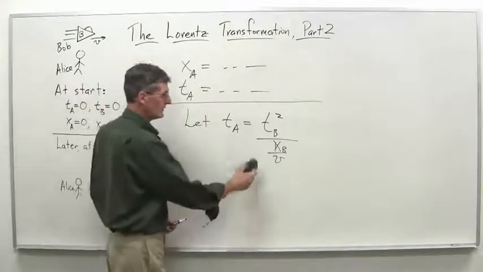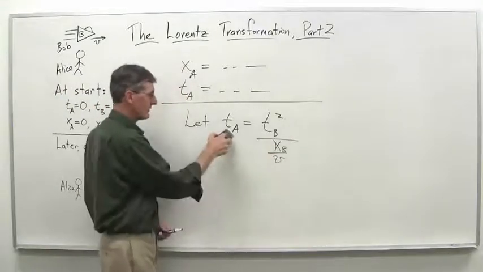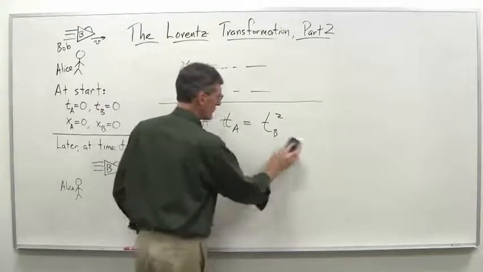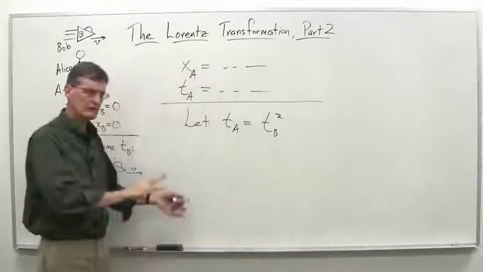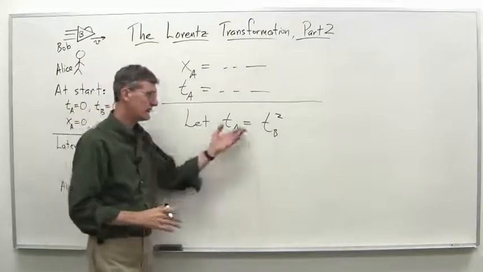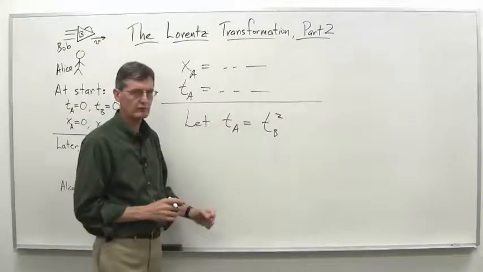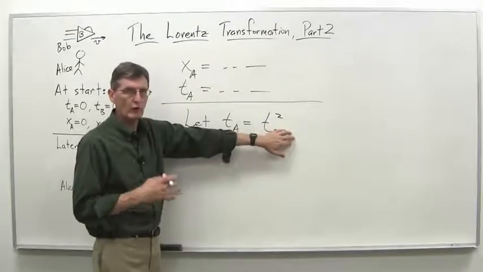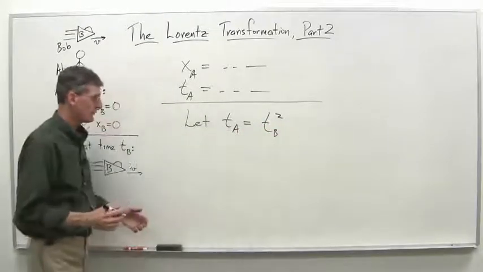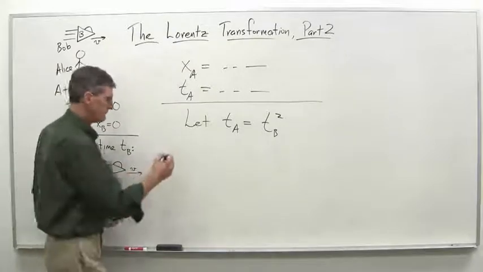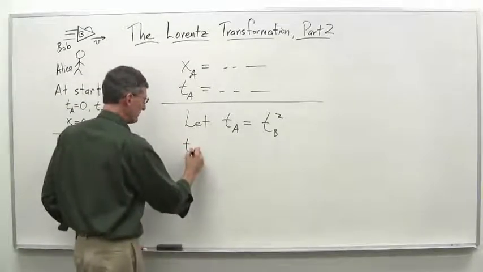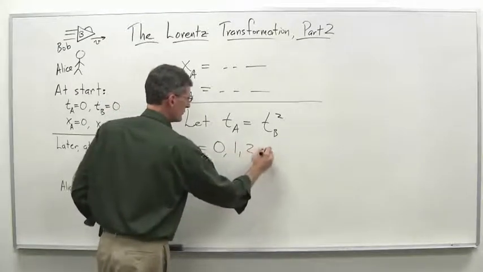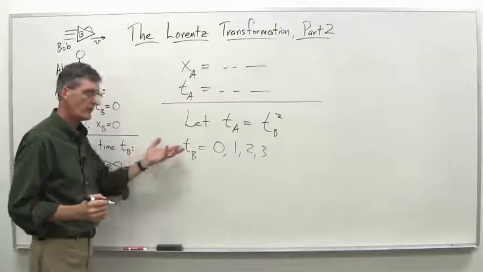The point being is I could make a formula over here such that I've got seconds here and seconds over there. But to make our lives a little easier, we're going to leave aside the dimensions and units for a minute and just say we can do something like this: TA equals TB squared. Just to show that we can't have any TB squareds over here. Why not? Let's say that Bob has TB equals 0, 1, 2, 3, just some times TB.